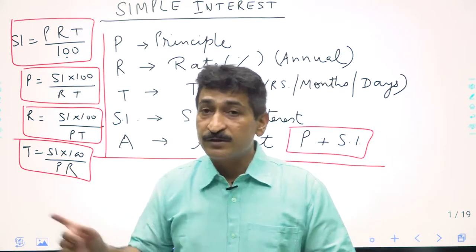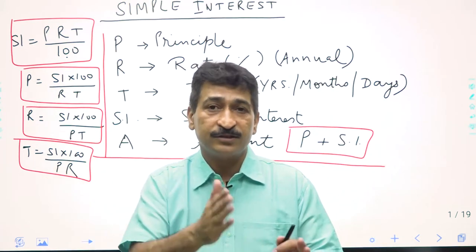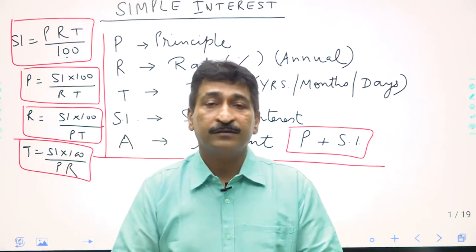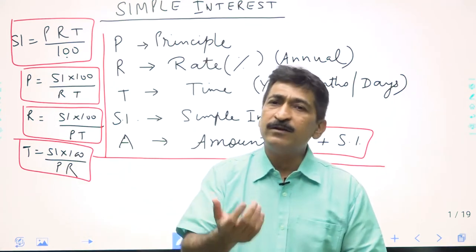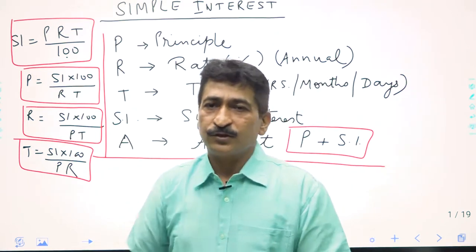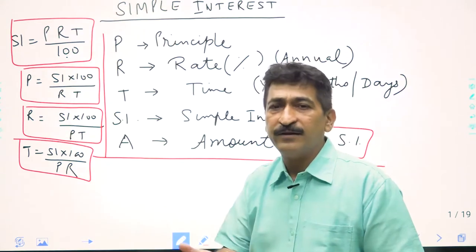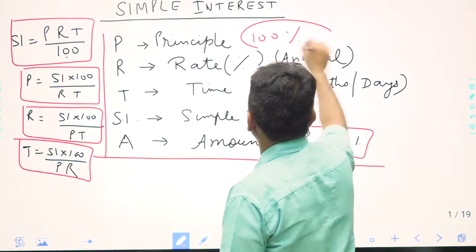Why? Because the rate is calculated per cent, per means each, cent means 100, out of 100. So let us start with 100. If everything is out of 100, why not assume our money to be 100? So our money is 100%. So from today there is a name given to the principal, 100%.